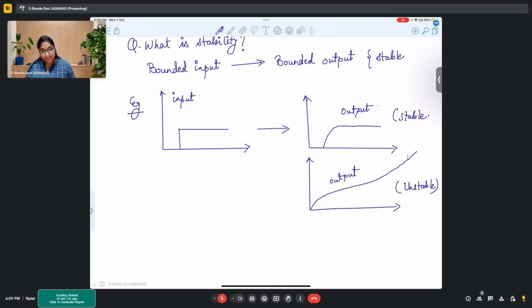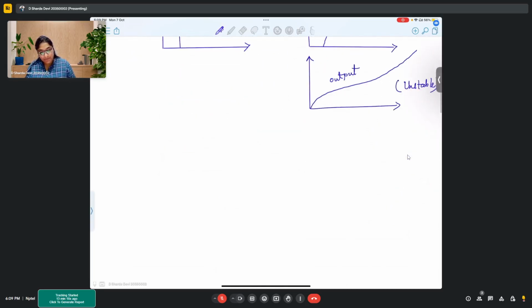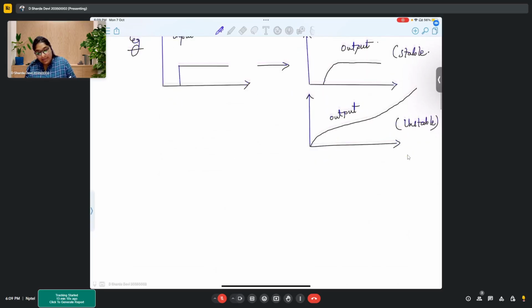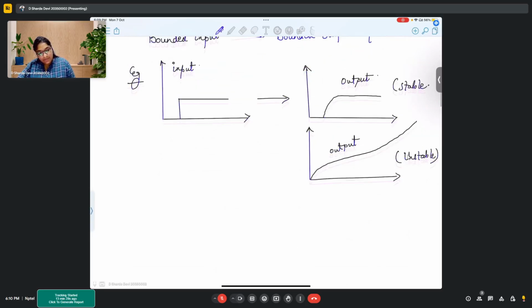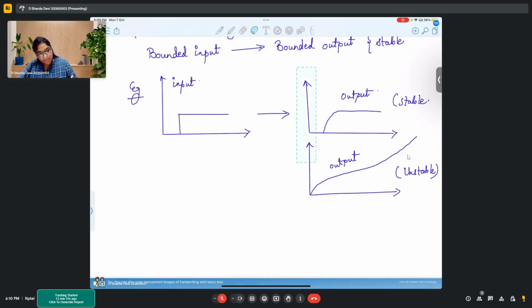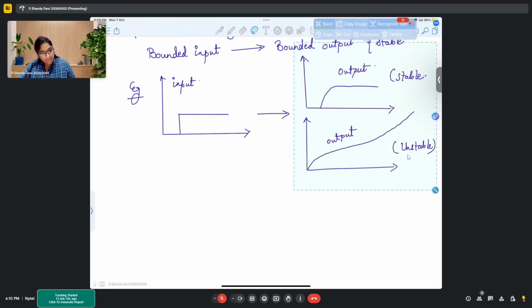With this concept, when we talk about these input output relations, for a step input like this, we have different scenarios that can be possible in terms of how your output will look.